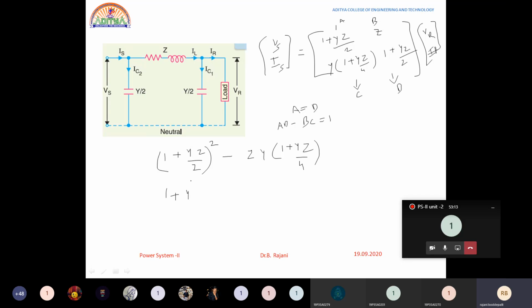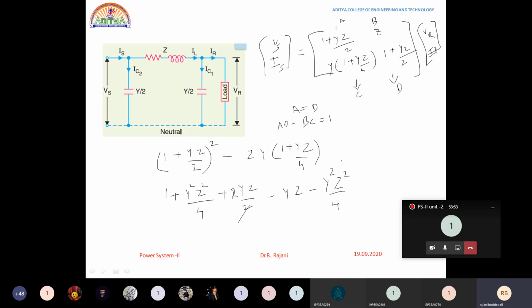A square plus B square is Y square Z square by 4, plus 2AB, which is YZ by 2; 2 into AB gives YZ. Then minus YZ, minus Y square Z square by 4.